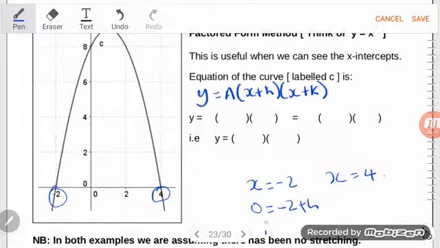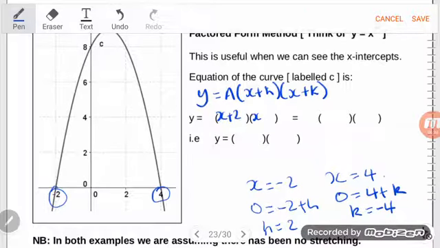So that means h is equal to 2. So we've got x plus 2 because it's a positive. Okay, so similarly, 4 plus something is going to equal 0. So our k is going to have to be -4 because 4 minus itself is going to be 0. So x minus 4.